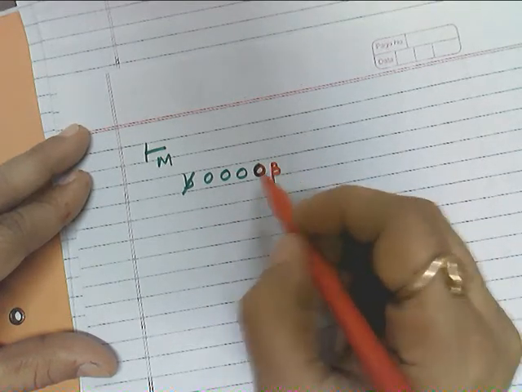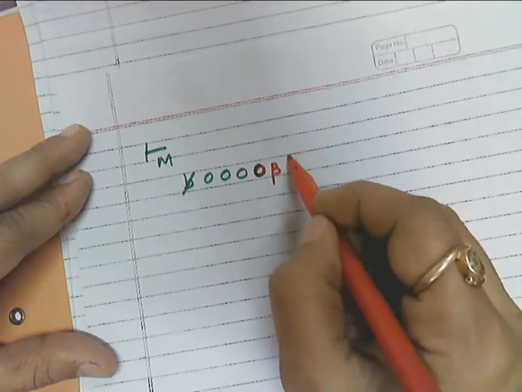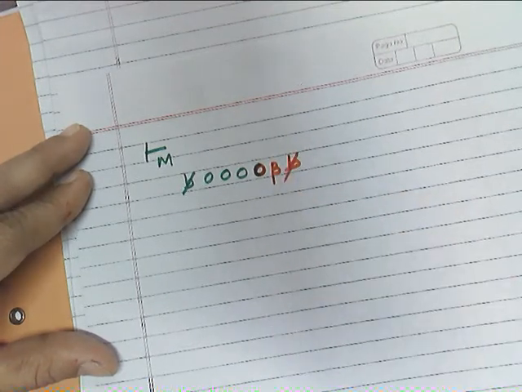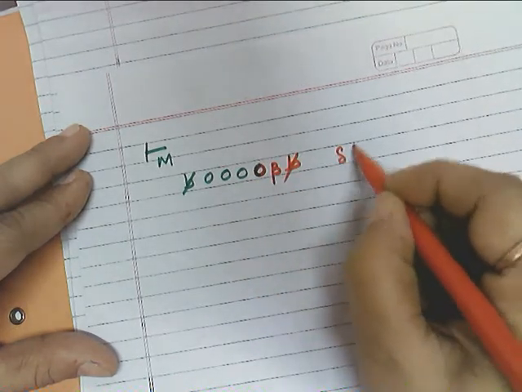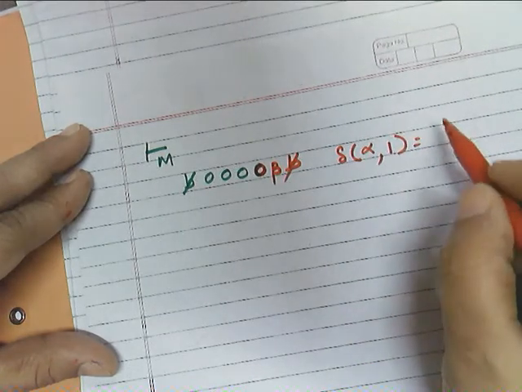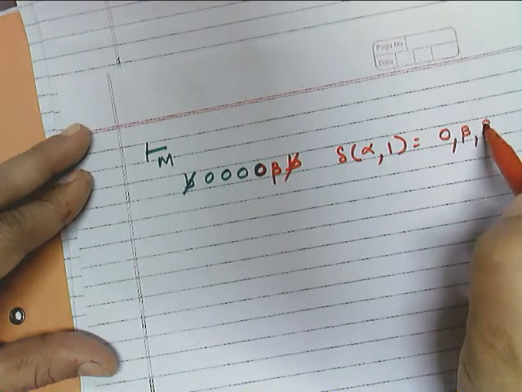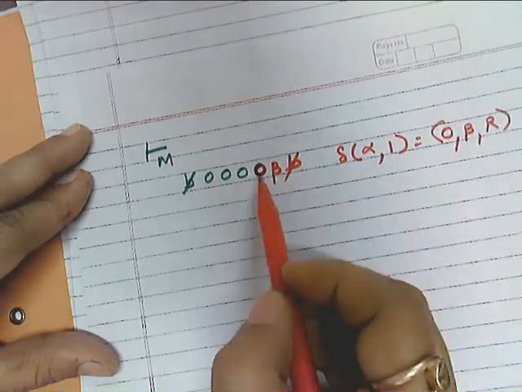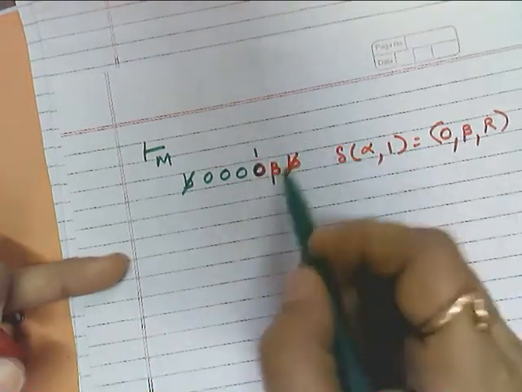What is happening? The state is changed to beta. That's why we got now the new things. Because we are having alpha comma 1, which is going to give you what information? 0, beta, R. So earlier it was 1, which is replaced by 0.